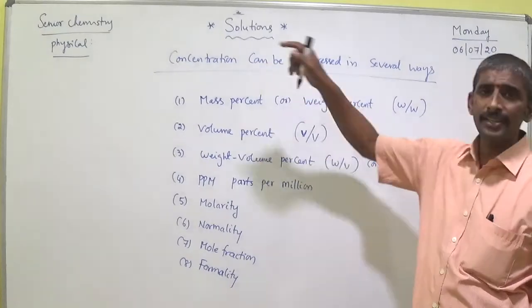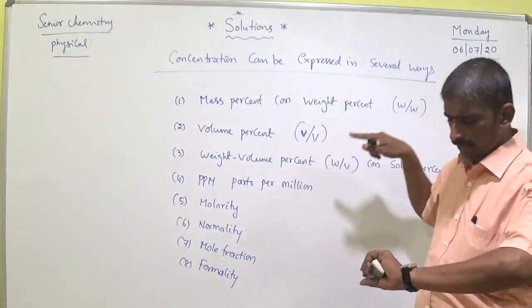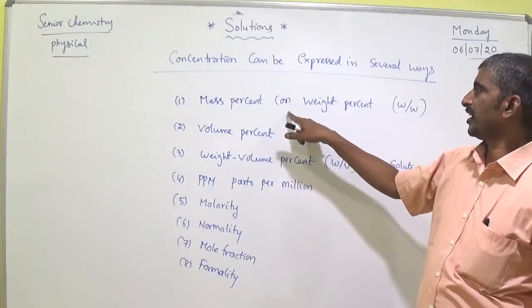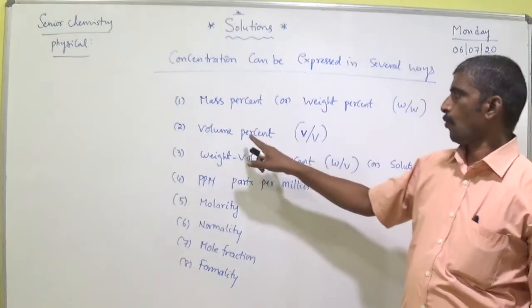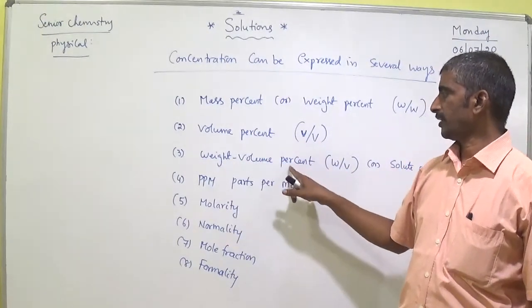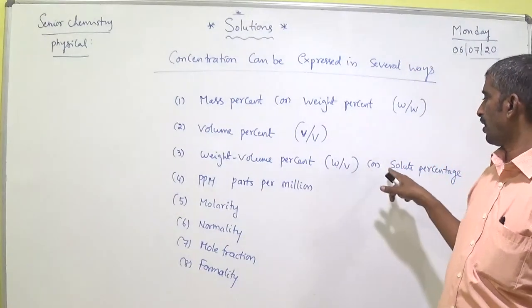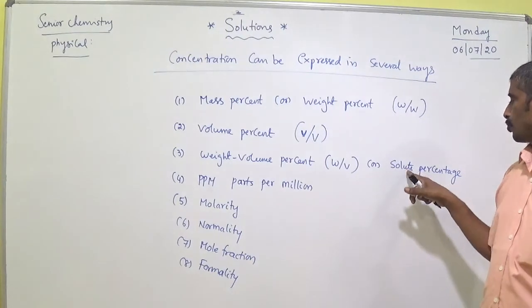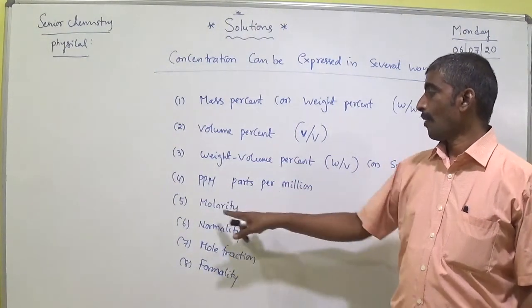Concentration can be expressed in several ways. First, mass percent or weight percent, symbol W by W. Volume percent, V by V. Weight to volume percent, W by V, or another name, solute percentage. ppm, parts per million.